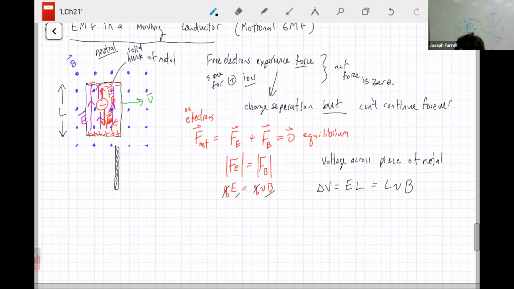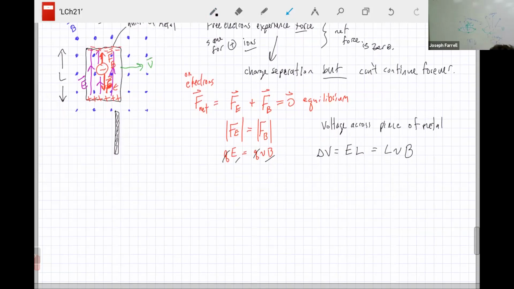I'm not going to go through this. You can take a look in the book. They use Faraday's law to derive that. Actually, might as well do it. So we'll take a look at what's called a rail gun.